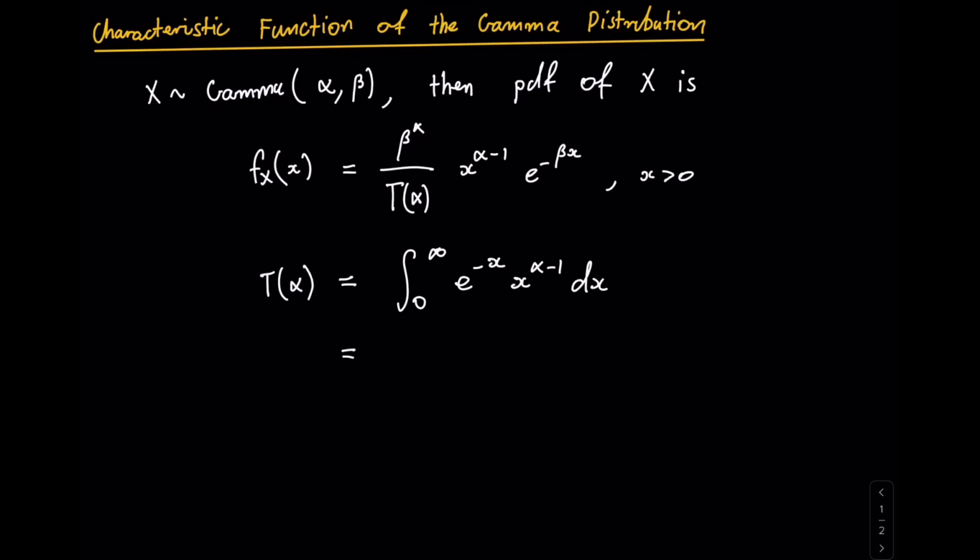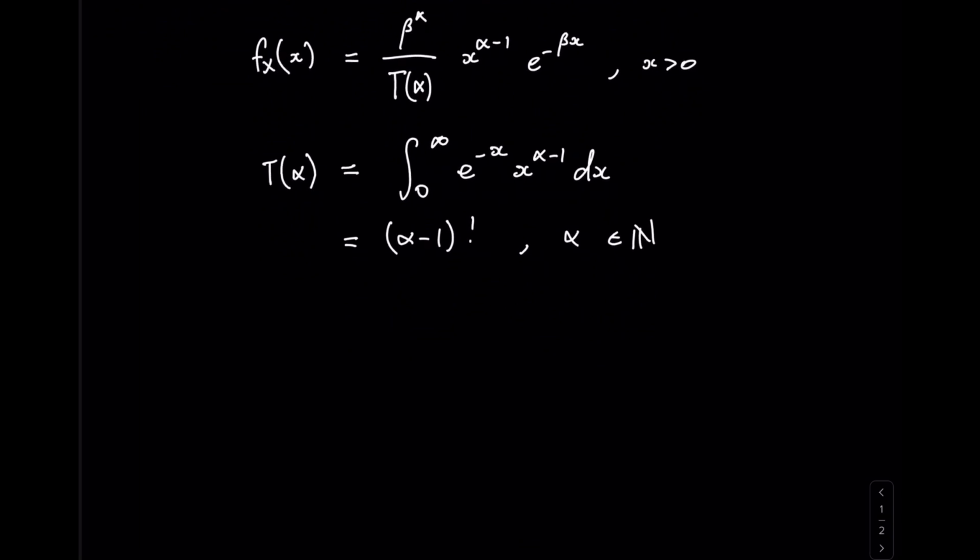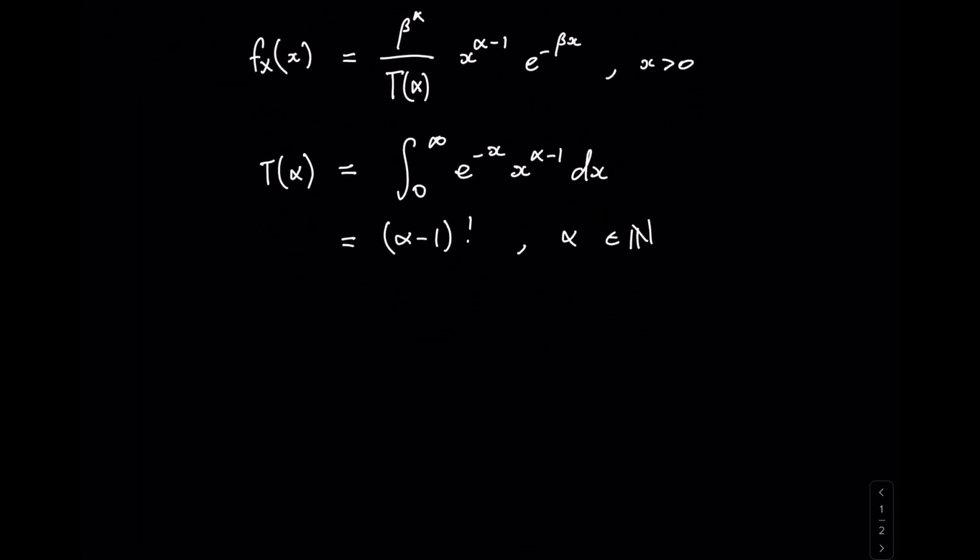And we know that this function actually simplifies to alpha minus 1 factorial when alpha is an element of the natural numbers. So, without further ado, we can now derive the characteristic function of the gamma distribution.